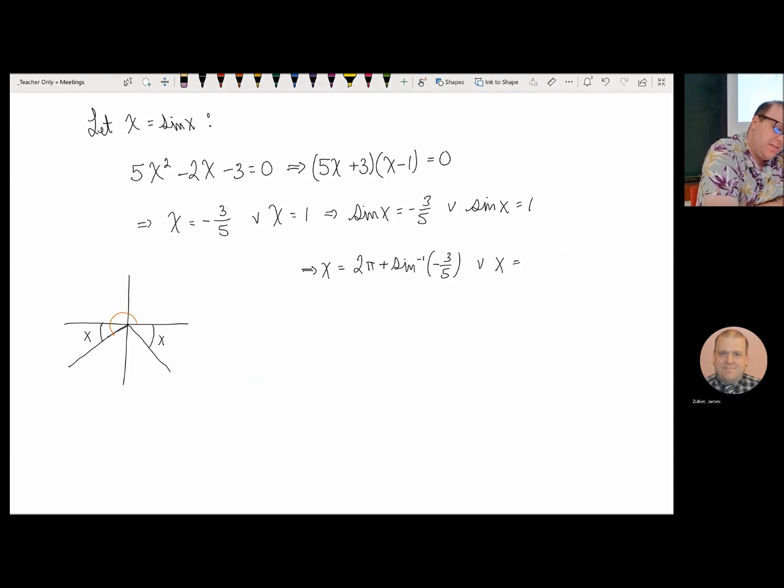The way that's written, pi minus the inverse sine of negative 3/5.